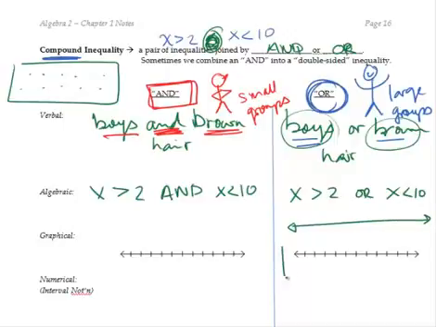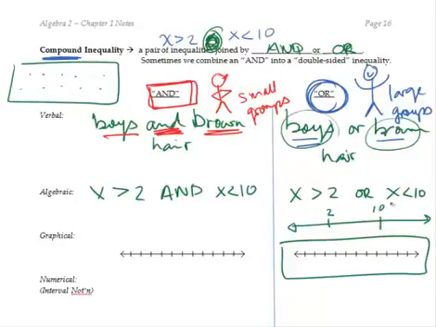So this will be our final answer, but before we get there, we're going to do a little thinking. So here's the 2, and here's the 10. Now, we're going to do blues whenever we graph these sides, and we're going to do yellows whenever we graph these sides.